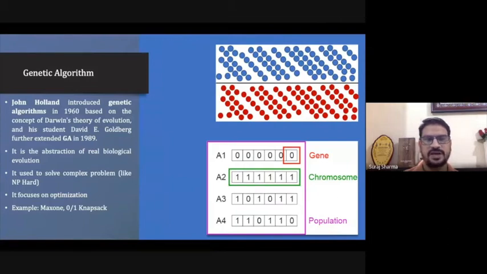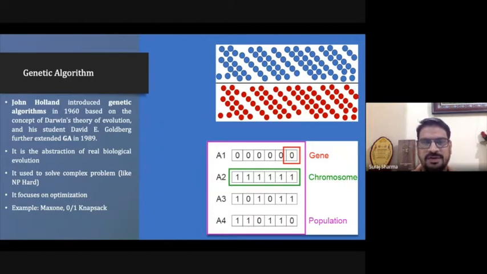Now, the genetic algorithm was introduced by John Holland in 1960. This algorithm is all based on Darwin's theory. Darwin talks about the evolution of the human race.